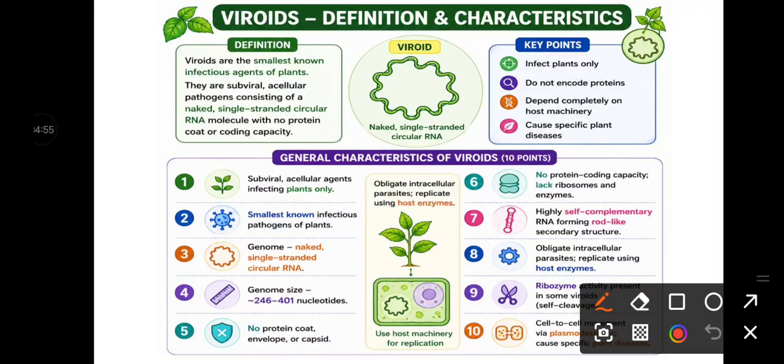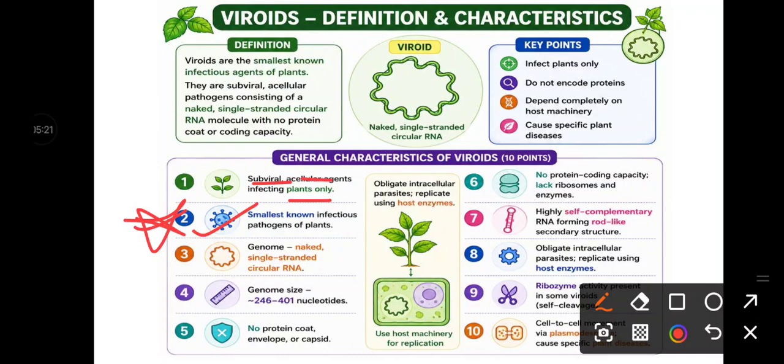It's a subviral, acellular agent that infects plants only. No viroid has been reported to infect humans. Next, it is the smallest known infectious pathogen of plants. Remember this. This was asked multiple times in entrance exams.